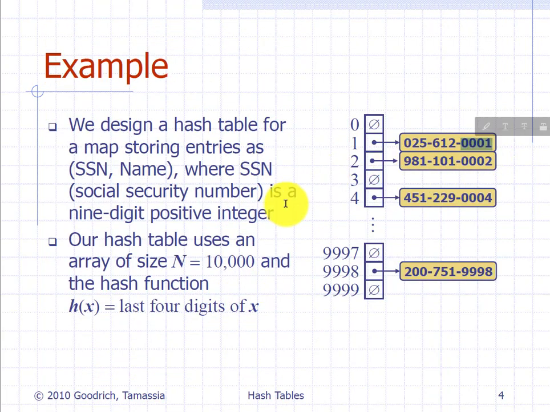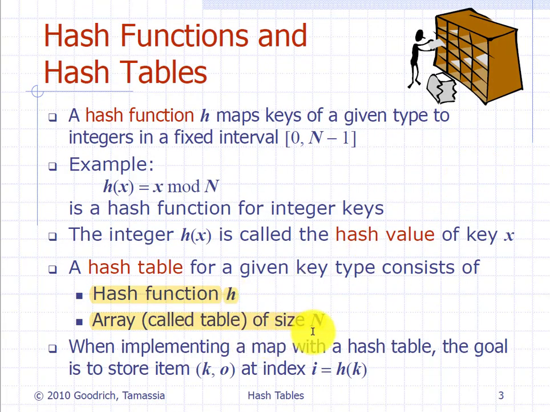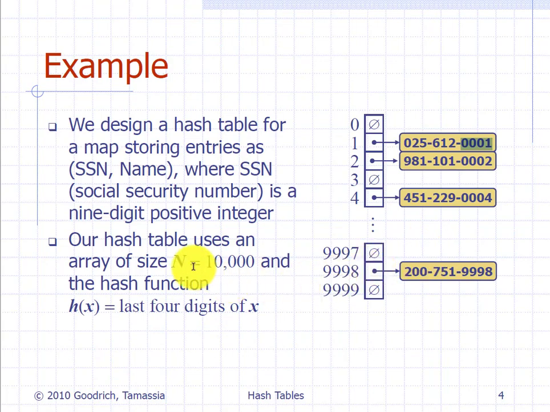You can think of it as a modulo 10,000 or whatever the case might be. And your array is of size n, which in this case is 10,000. So here's your n, 10,000, and h of x returns the last 4 digits. That's pretty important. We chose our h of x, we chose our array size, and we got a hash table.